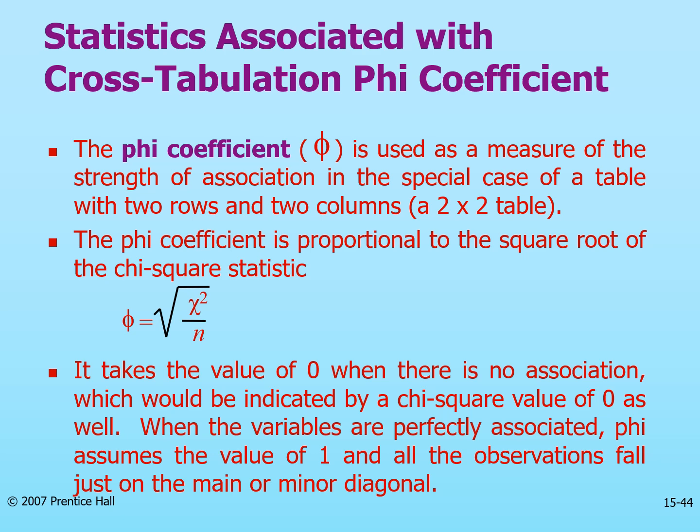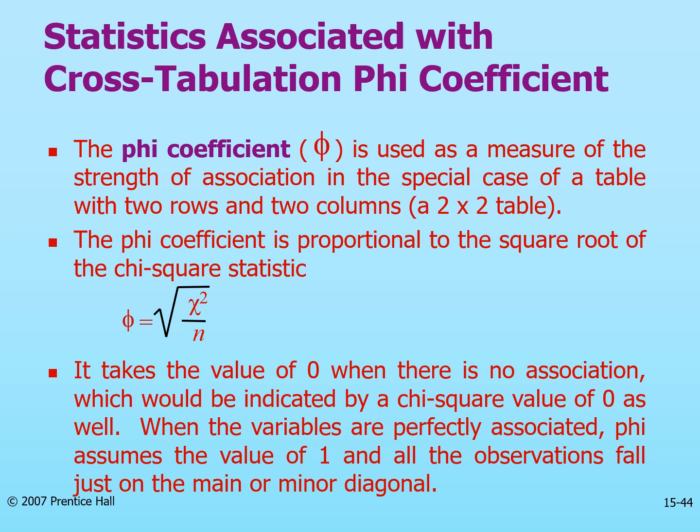The phi coefficient is used as a measure of the strength of association in the special case of a table with 2 rows and 2 columns. If you want to establish the strength of association between gender and net usage, you can go to the phi coefficient also. That is one way.